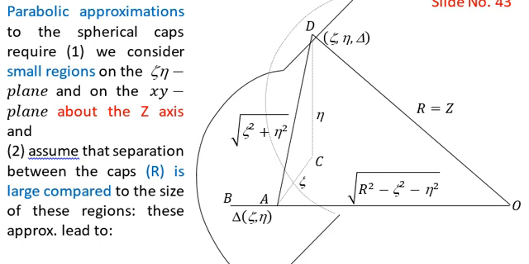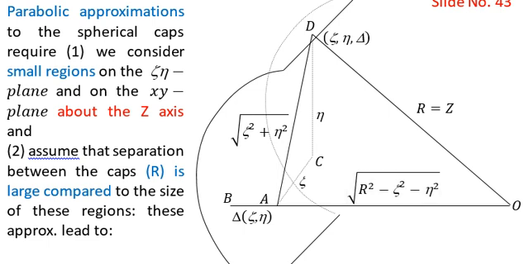Okay, now we know that OB is actually capital R, and OA can be calculated using the Pythagoras theorem applied to the triangle OAD, and at A we have the right angle, so we can apply the Pythagoras theorem to find the side OA. OA is given by the square root of r square minus zeta square minus eta square.